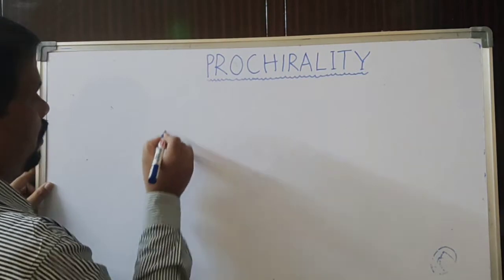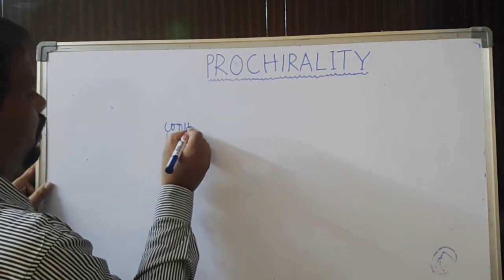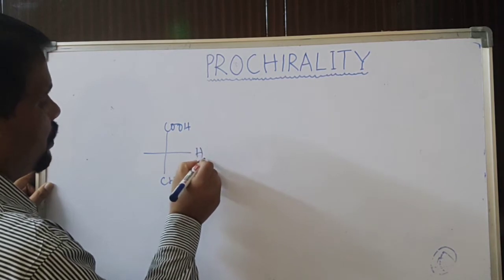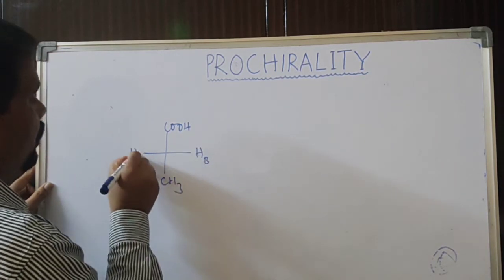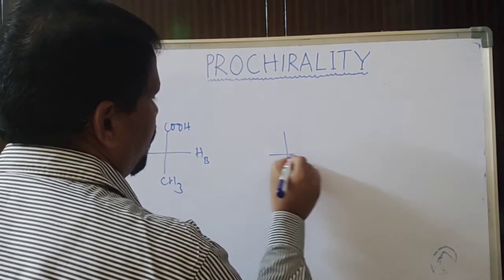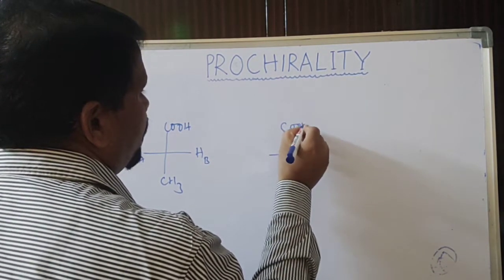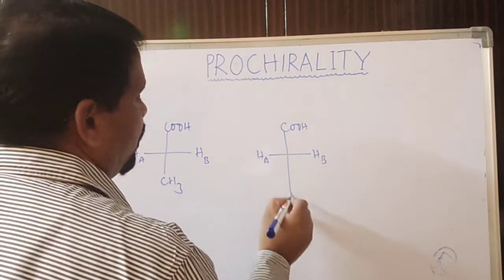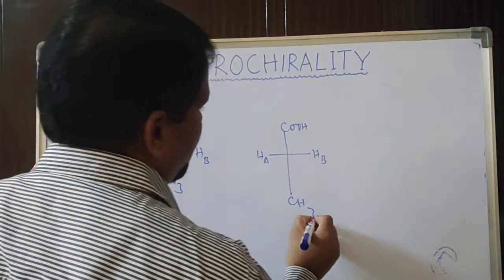So this is another example, CH3, COOH, HB and HA. COOH, HB, HA, CH3.